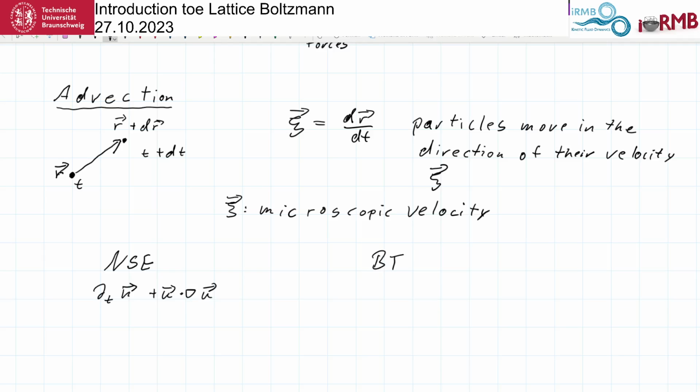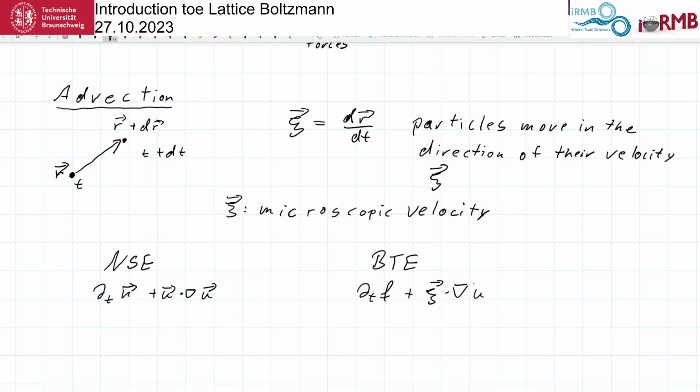In the BTE, Boltzmann transport equation, we are advecting a distribution which is the dependent variable. Here, of course, in the Navier-Stokes equation, obviously u is the dependent variable, right? So the one we are solving for. In the Boltzmann transport equation, we are solving for f, and this goes to xi.